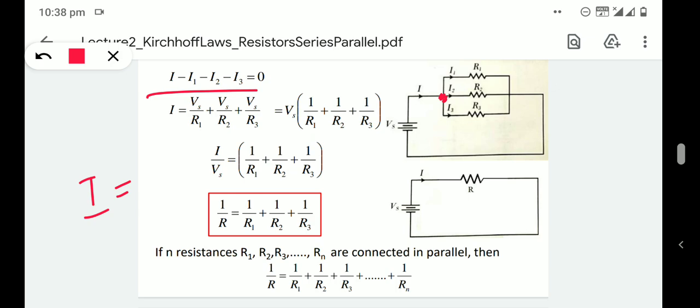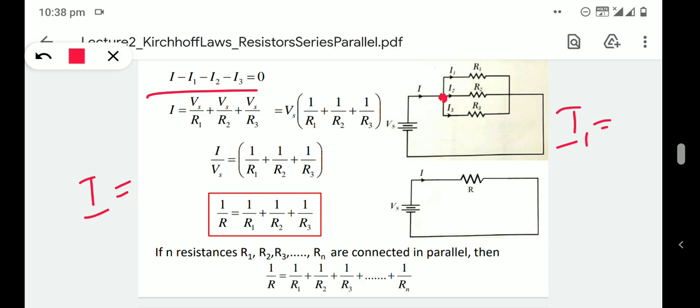So I1 is nothing but voltage across the resistance divided by resistance. Okay, current I is equal to V divided by R. I1 is the current flowing through the resistance R1, so I1 will be equal to the voltage across the resistance R1.